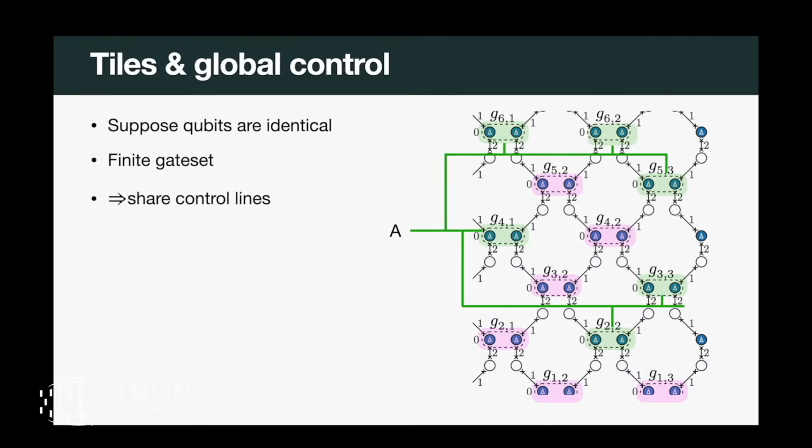In each layer of my period 3 circuit, for every type of gate in every layer, I would have 1 type of control line. So if this is gate A, I have my A control line, and I have my B control line. The point is this is a constant number of gate layers and a constant number of gate types, so that's a constant number of control lines for these global gates. And I'll get to another notion of control line in a minute.